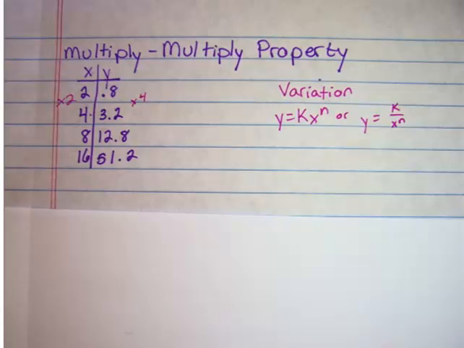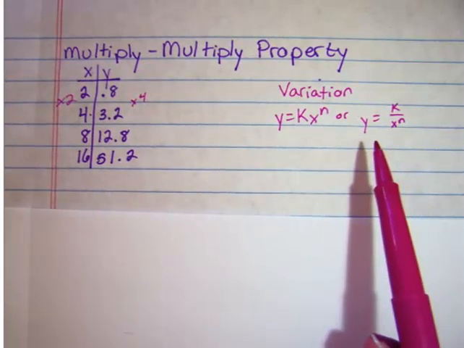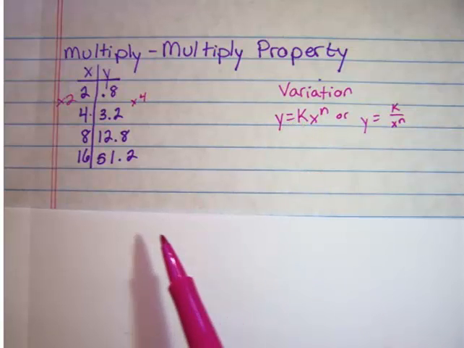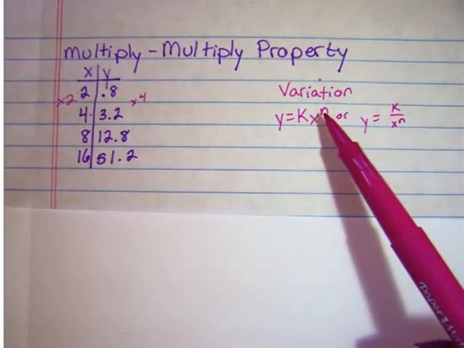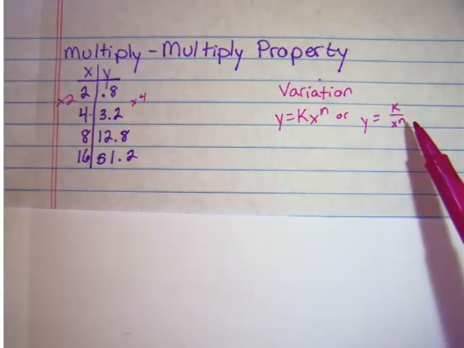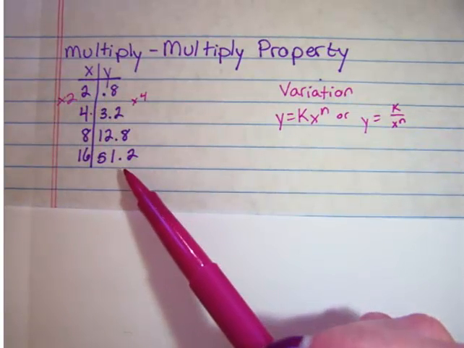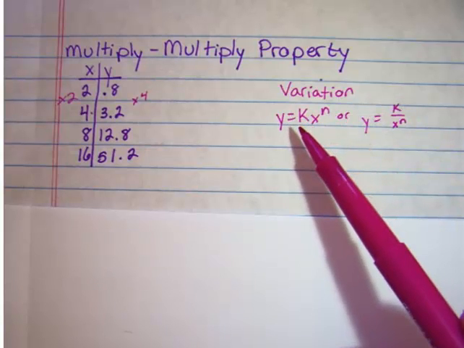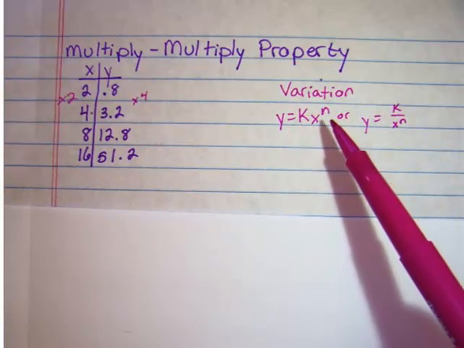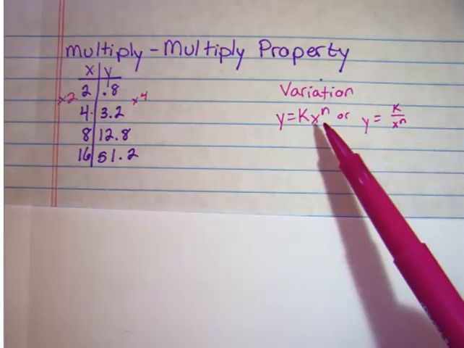Because it is multiply, multiply, I'm going to use one of these two equations here. Now, this is a shortcut to determine whether it's a direct variation or an inverse variation. Both of these sides are increasing, which means it's a direct variation. Our n value is going to be positive.